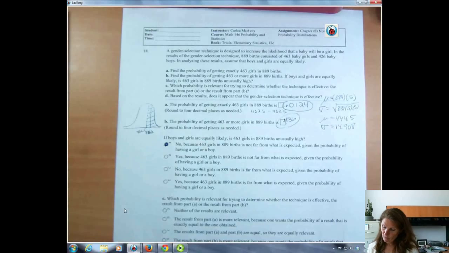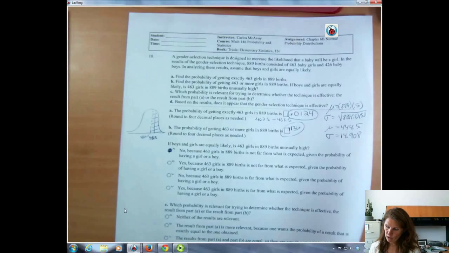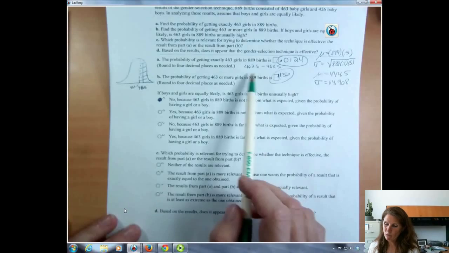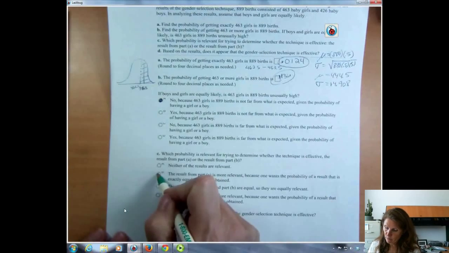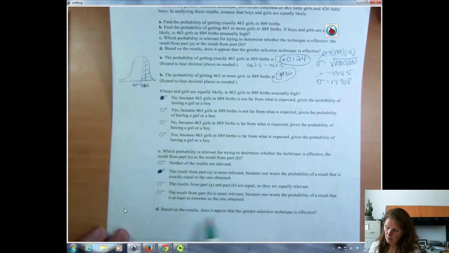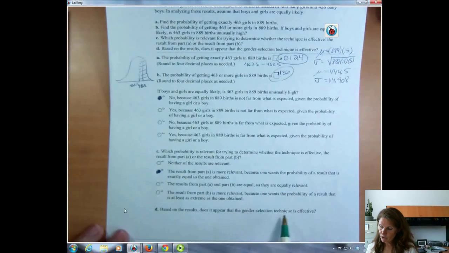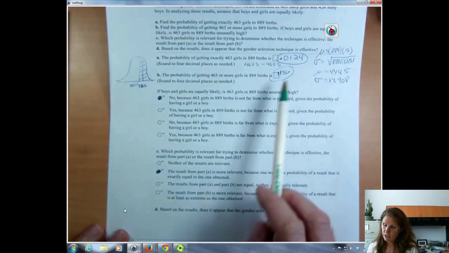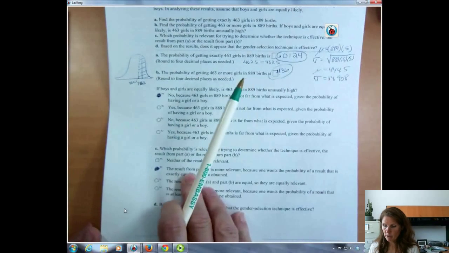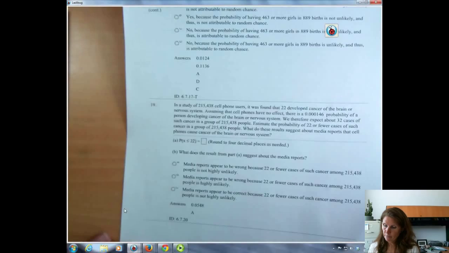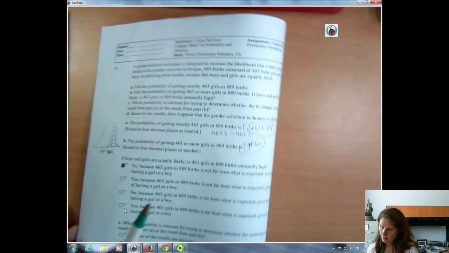And then which probability is relevant for trying to determine whether the technique is effective, from part A or part B? Always, we don't want to look at one single birth. That could just be the exact. We always want to look at a range. That would be B. Based on the results, does it appear that the gender selection technique is effective? See how our results are more than 5%? We're saying, it seems like they're probably correct. Wait a second. What are they saying?